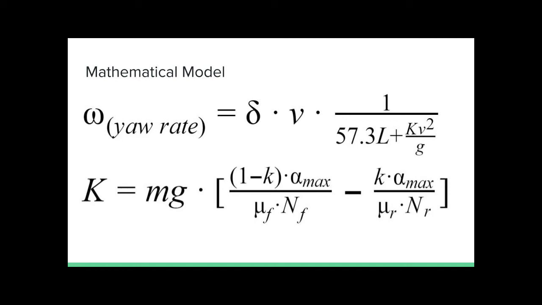This is subtracted by the rear weight bias of the car times the alpha max of the rear tires, multiplied by mu rear times normal force rear. Omega, or yaw rate, is equal to delta times velocity times 1 over 57.3 times the wheelbase of the car plus K times v squared over g.